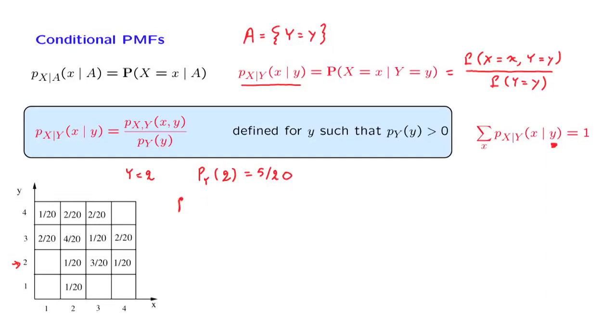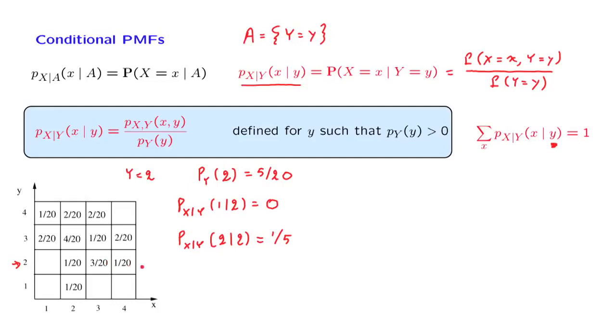So, for example, the probability that x takes on the value of 1, given that y takes the value of 2, is going to be this entry, which is 0, divided by 5/20, which gives us 0. We can find the next entry, the probability of x taking the value of 2, given that y takes the value of 2, will be this entry 1/20 divided by 5/20, so it's going to be 1/5.